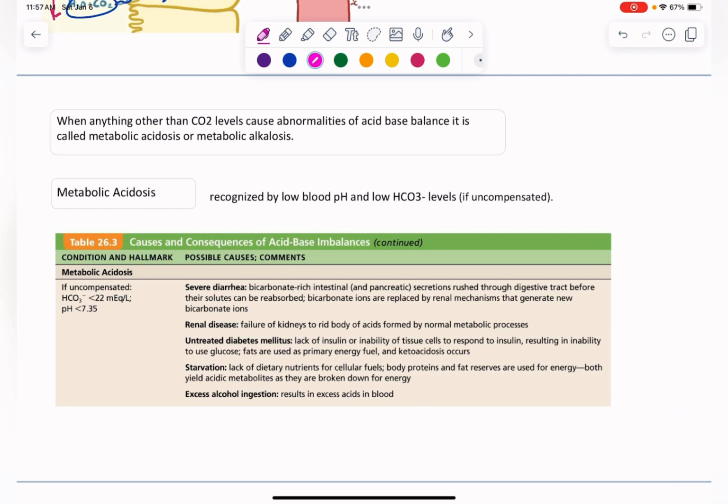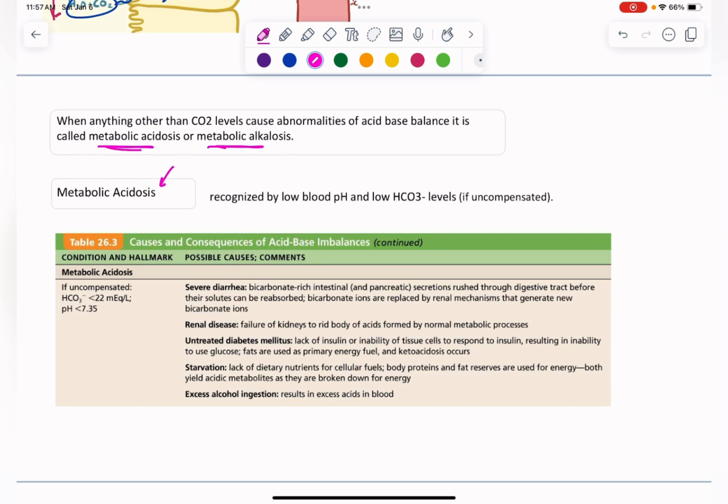When anything other than CO2 levels from the respiratory system cause abnormalities of acid-base balance, it's called metabolic acidosis or metabolic alkalosis. And metabolic acidosis is much more common than alkalosis, so let's take a look at this.